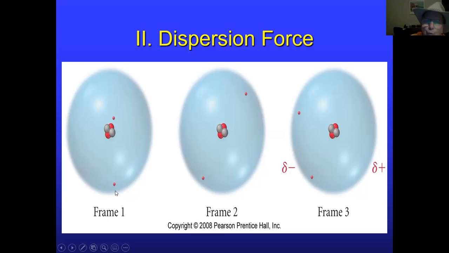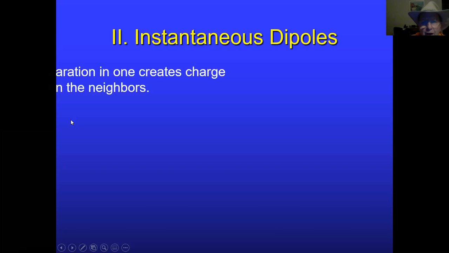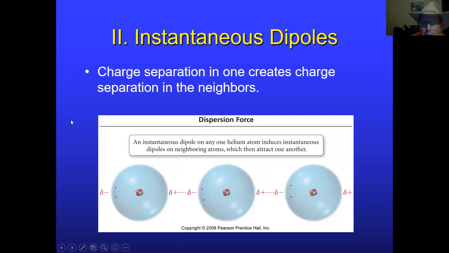And which causes what to happen with these two electrons? They'll move to the left side as well. So because we have a slight negative charge, this forces the electrons over to this side. That forces these electrons over to the other side. So that what happens is we now have a slight negative and a slight positive between the two molecules. We have a force of attraction.